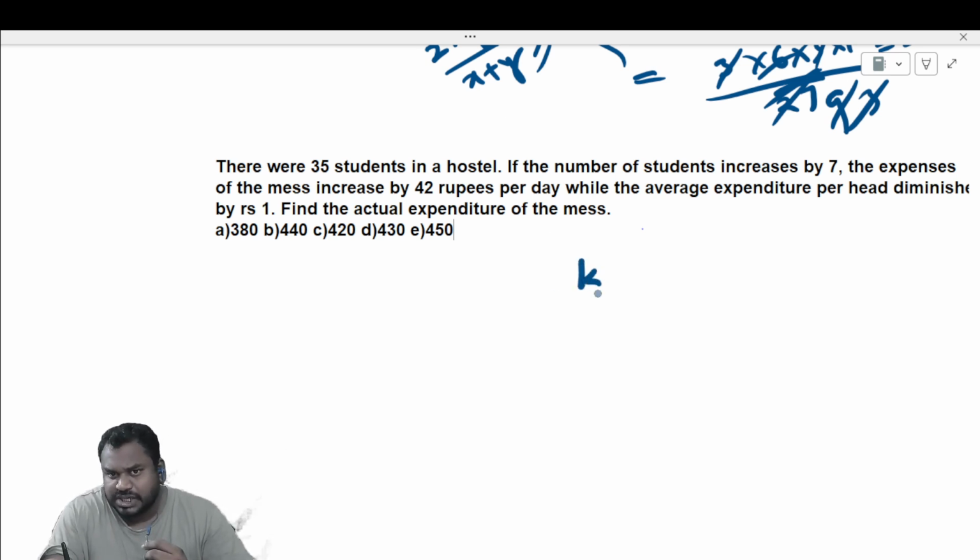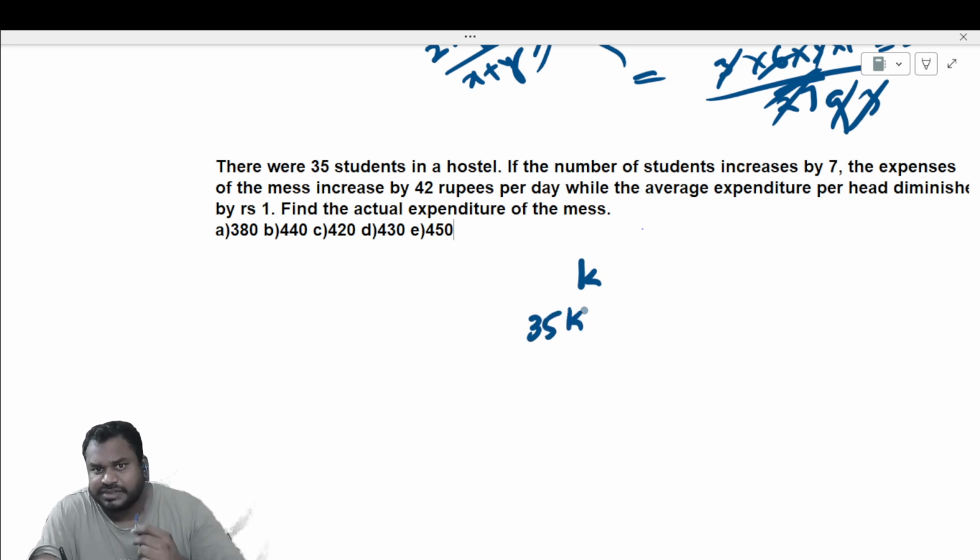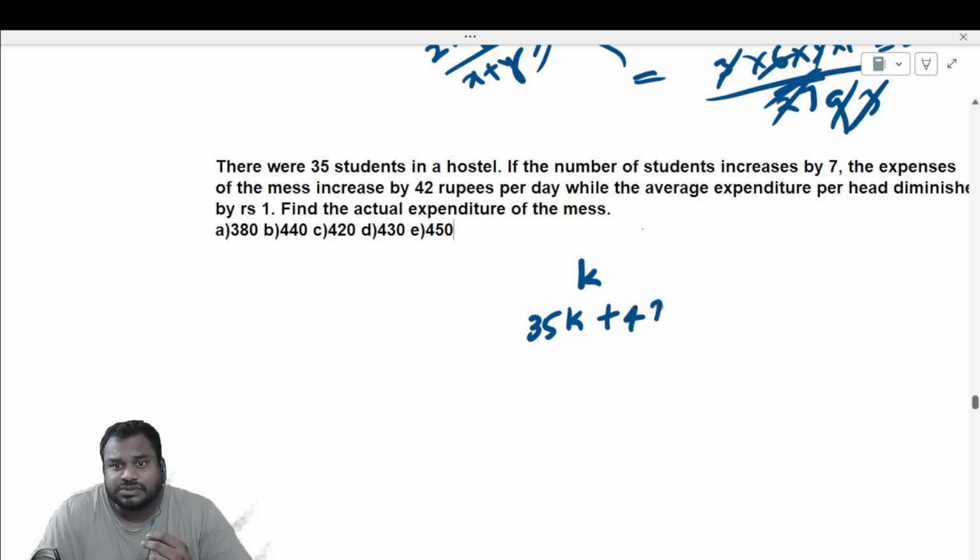I'll assume the average is K. 35 into K, average expenditure, was the total cost. After adding students, the expenses of the mess increased by 42, so it would be 35K plus 42.